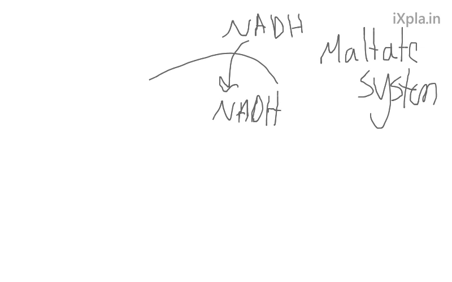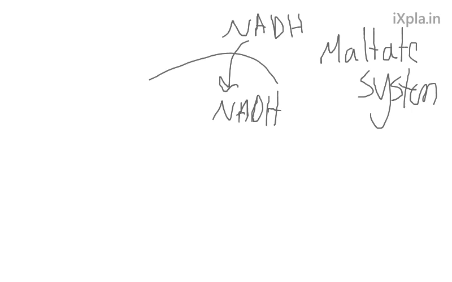But you have these two shuttle systems that bring in that residual 2 NADH that you form from glycolysis to get into the mitochondria in order to act in the electron transport chain. So two shuttle systems: the glycerol 3-phosphate shuttle system and the malate-aspartate shuttle system. Very simple. So now you know everything that you need to know about ATP and glycolysis.